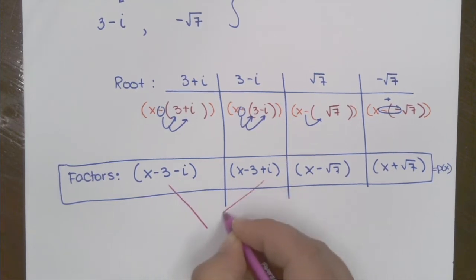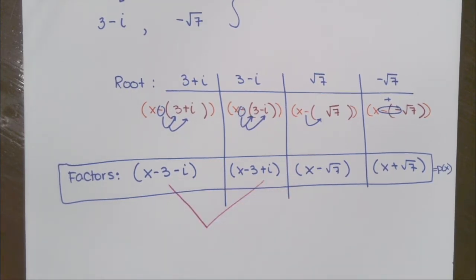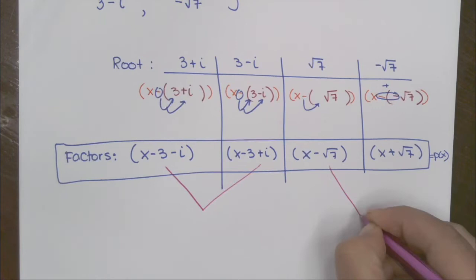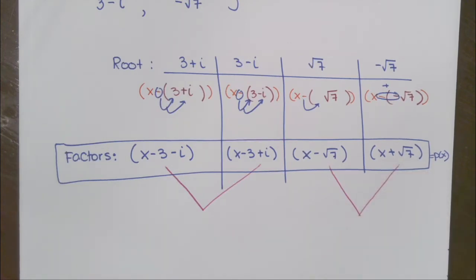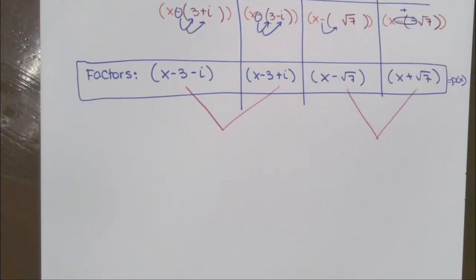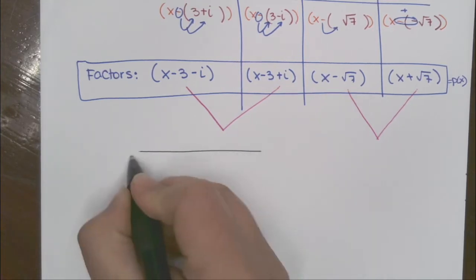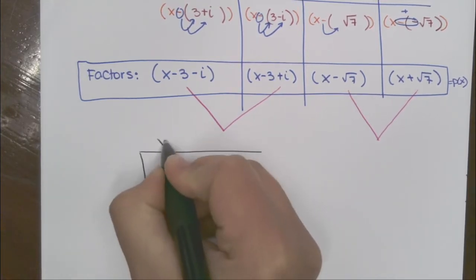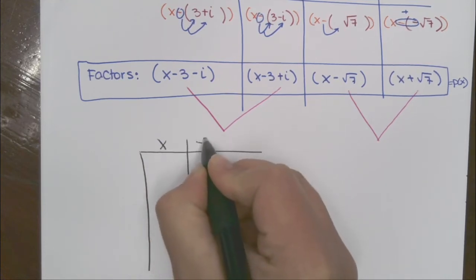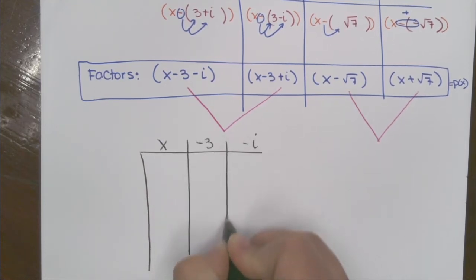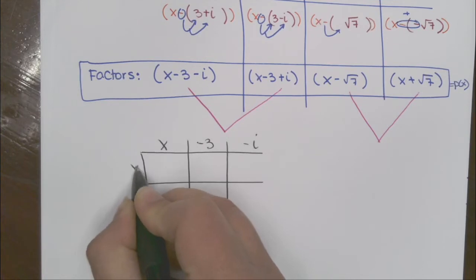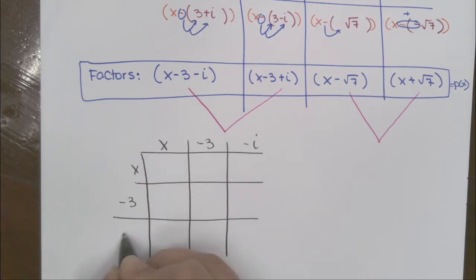Take the two factors that you got from your conjugates. So since we had two conjugates, here they are. And you're going to do box method for both. You don't have to do box method, it's just the one that makes the least mistakes. x minus 3 minus i, x minus 3 plus i.